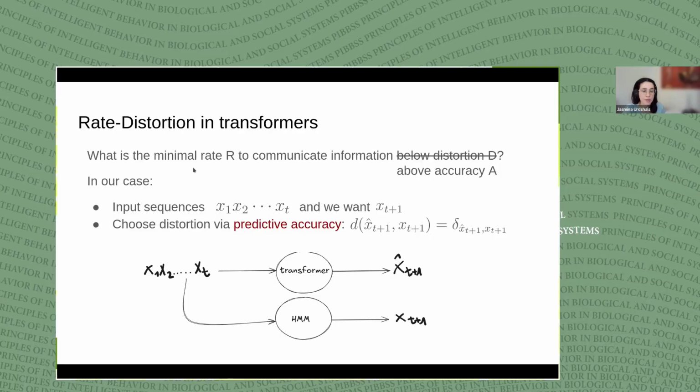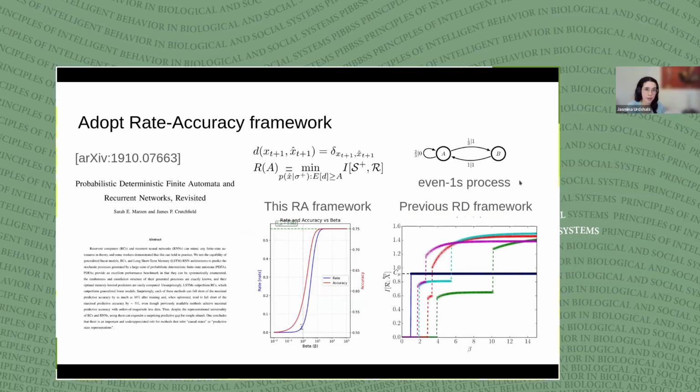And then the optimization problem, if we want to do theoretical predictions with this framework, would be to find the minimal rate so that we're able to communicate information above a certain accuracy threshold A, as opposed to below some distortion value D. So this framework, which we can call rate accuracy, is borrowed from another work from Marzen and Crutchfield, which I've shown here on the left-hand side.